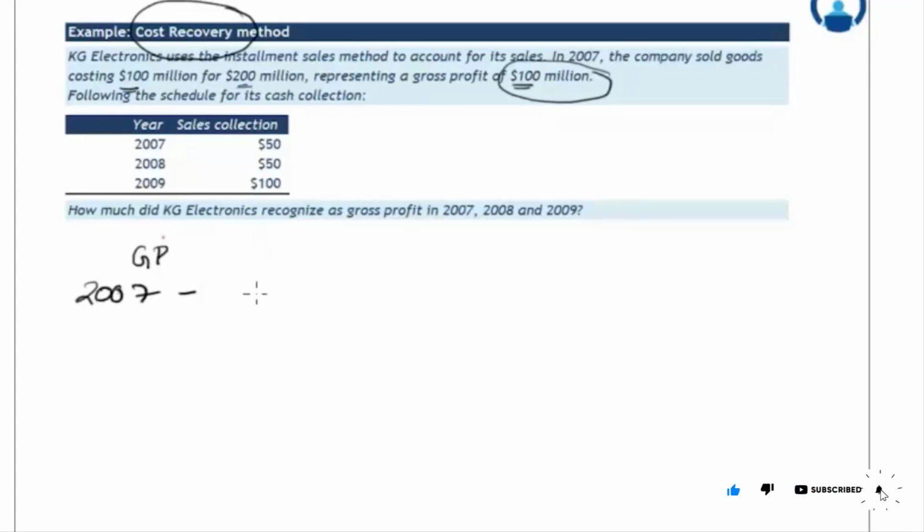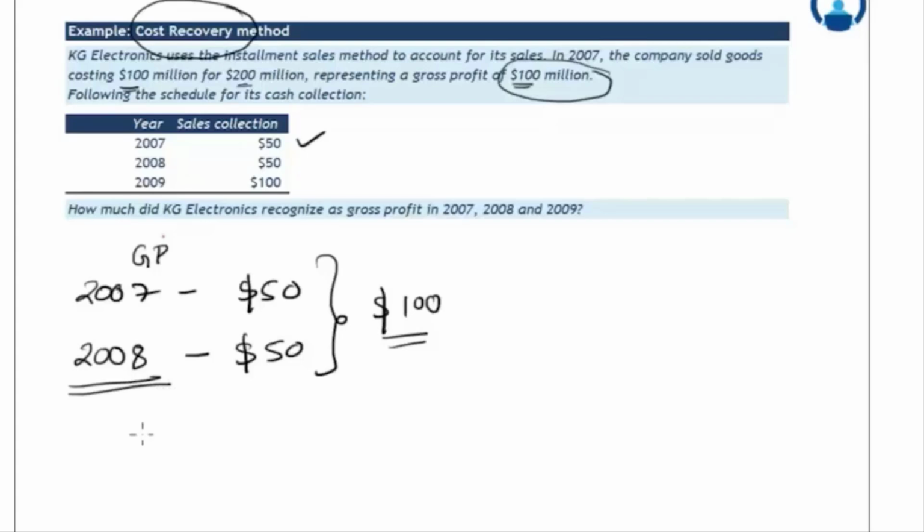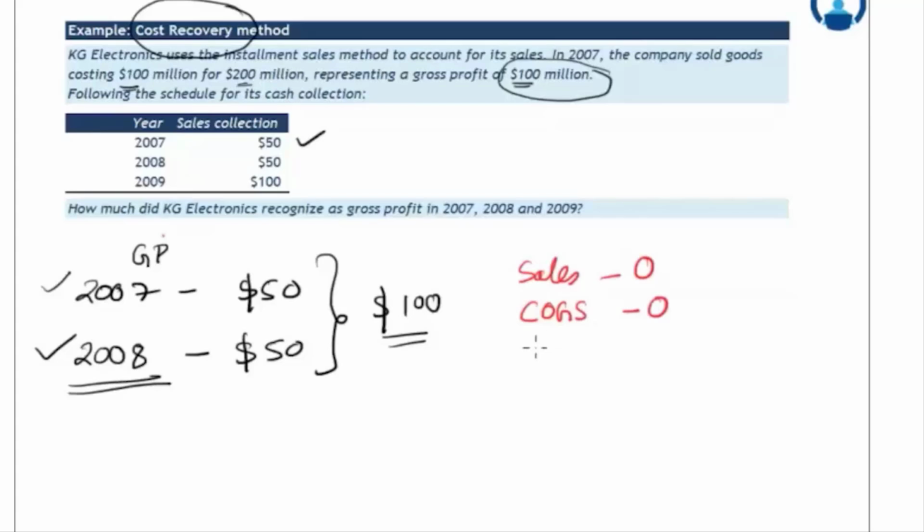How much of the cost is recovered here? It is $50 million. In 2008, another $50 million is recovered. So overall, $100 million is recovered by the end of 2008. So in 2007 as well as in 2008, we do not recognize any sales. Sales is zero, the cost associated with it is also zero, and gross profit is also zero.